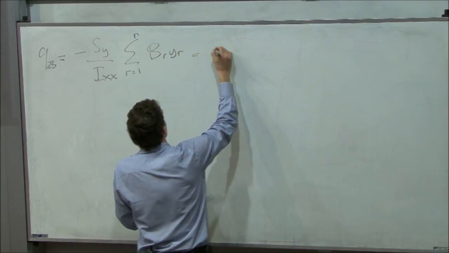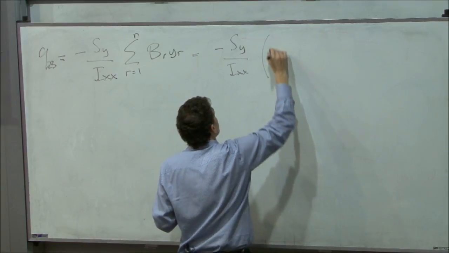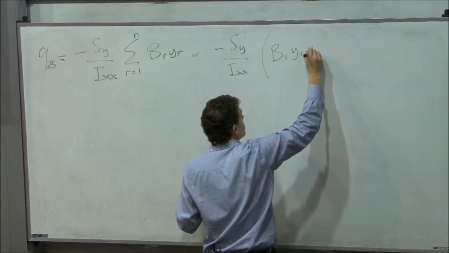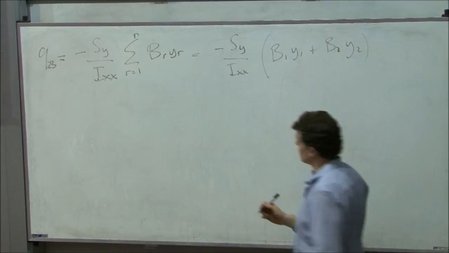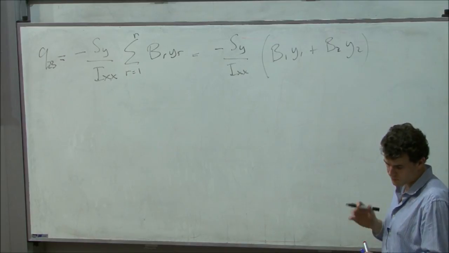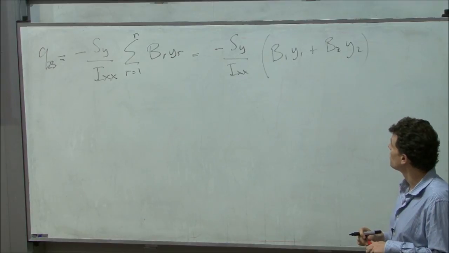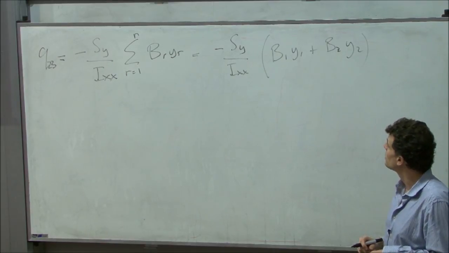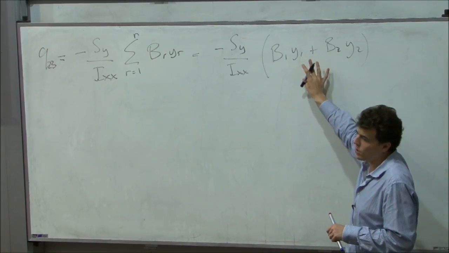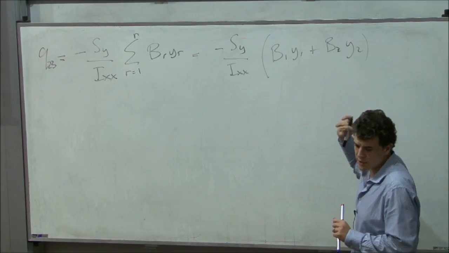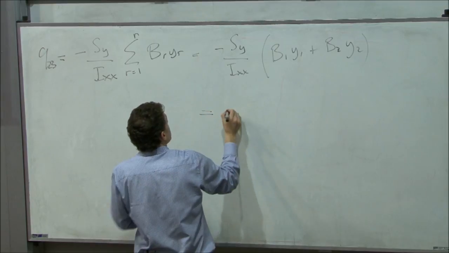So in this case, it's minus SY on IXX, B1, Y1 plus B2, Y2. Which we can calculate fresh each time, but often it gets a bit tedious to calculate this fresh each time. So what we can do is separate this into 2 parts.